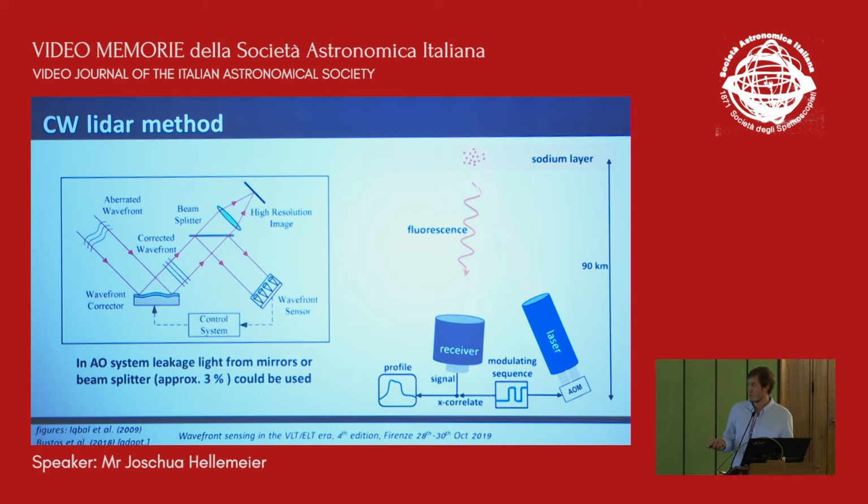We assume that some light leaking from mirrors or from the beam splitter could be used, by using a notch filter for 589 nanometers and having a photomultiplier behind the notch filter. We assume that something like 3% of leakage light could be used, but of course this could be increased or decreased.